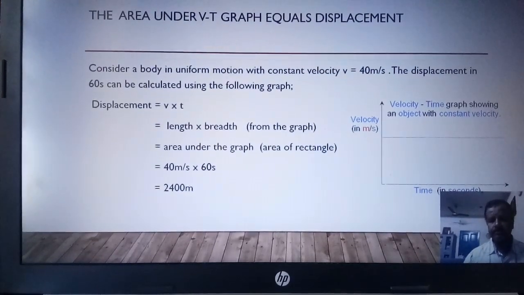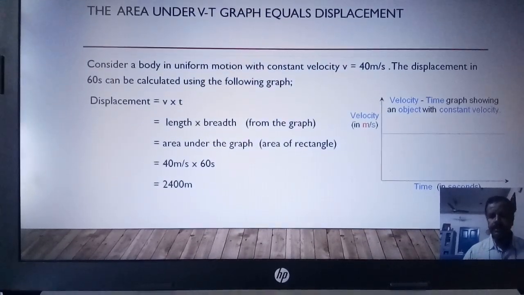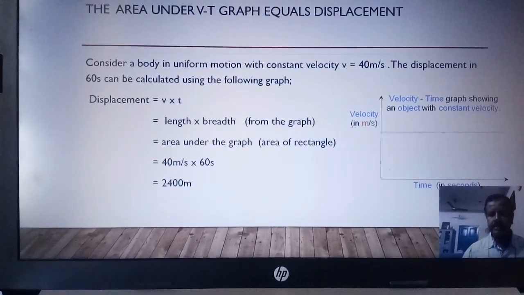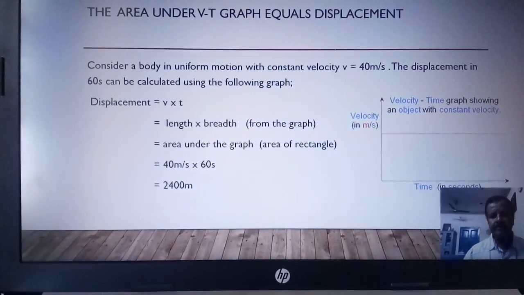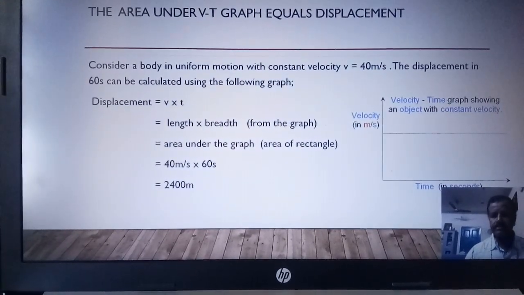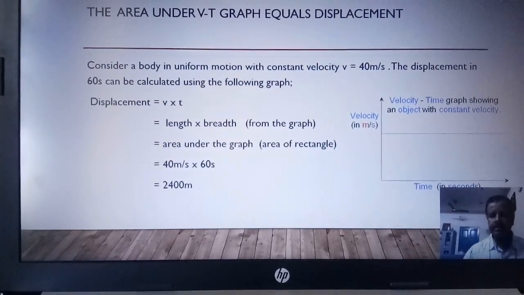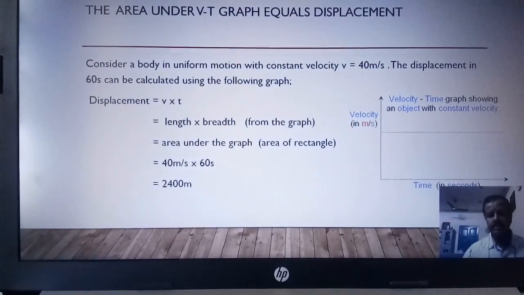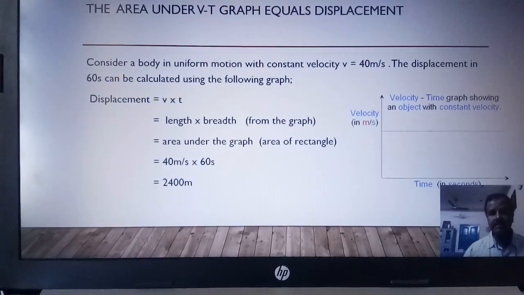From the graph, velocity multiplied by time gives you the area of the rectangle, which is nothing but the area under the straight line graph. So if you calculate the area under the velocity time graph, it gives us displacement. That is the conclusion from this simple example.